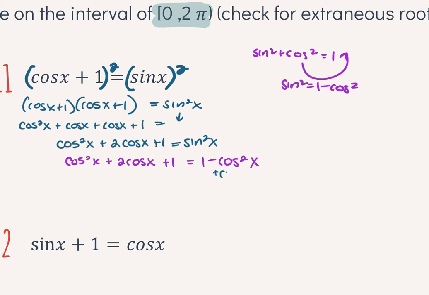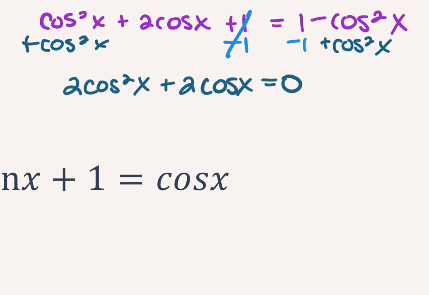So if I add the cosine squared x to both sides, I end up with 2 cosine squared x plus 2 cosine x, and then I would subtract this 1, and it's actually going to cancel. I get equals 0. If it was 3 terms, I'd factor the trinomial. Because it's only 2 terms and they both have a cosine, I can actually take the cosine out.